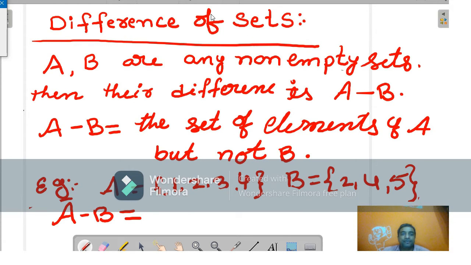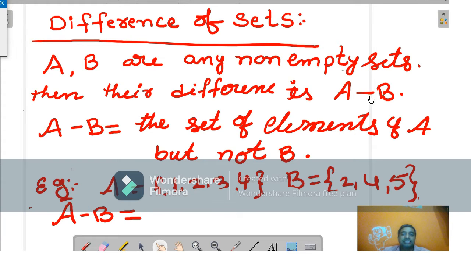Difference of sets. If A, B are any non-empty sets, then their difference is indicated by A minus B. Difference is A minus B or B minus A also. So what is the difference between A minus B and B minus A?